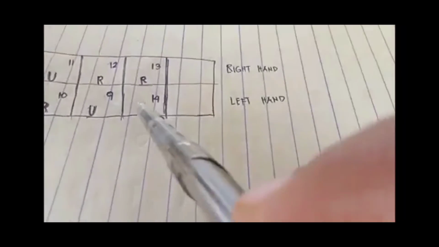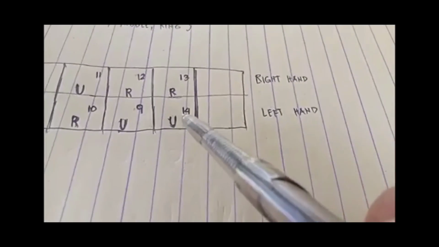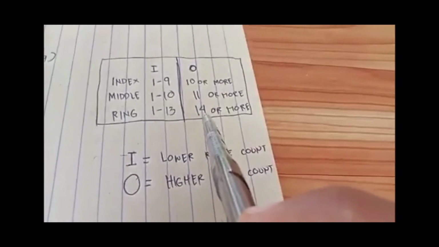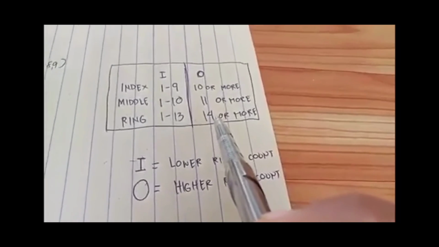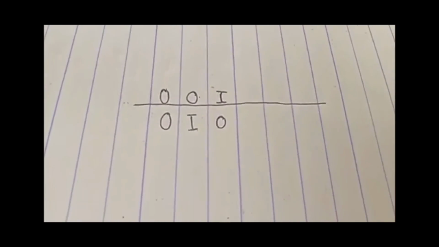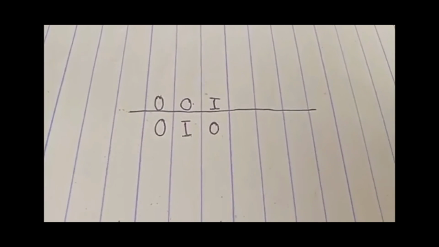And in the left ring finger, this is an ulnar loop and has a ridge count of 14. So it has a symbol of letter O. So I write O here. And this is now our subsecondary classification.